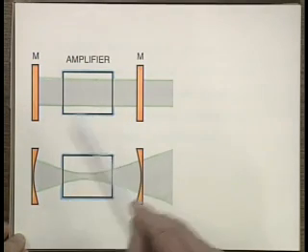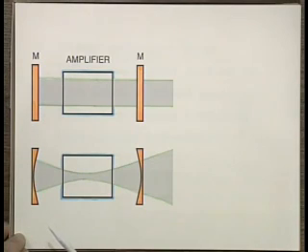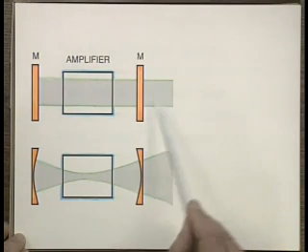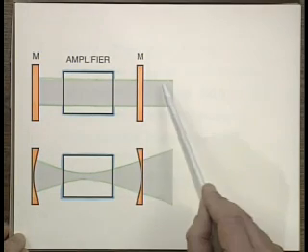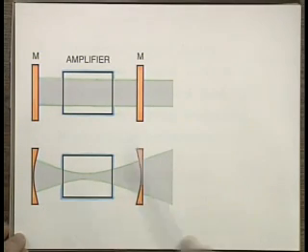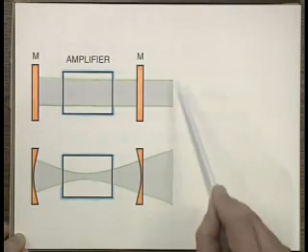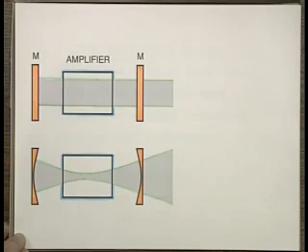The amplifier overcomes the losses in the cavity, and this mirror has a little transmission. So the output you would expect to be a collimated beam, a plane wave, with diffraction limited collimation, and if you put a lens, diffraction limited focusing.